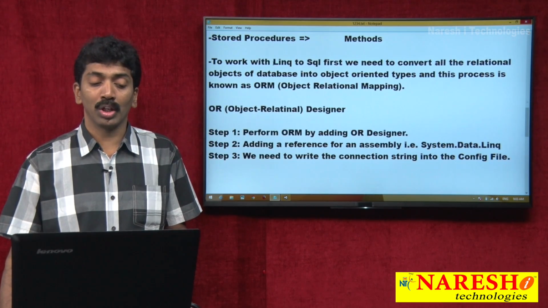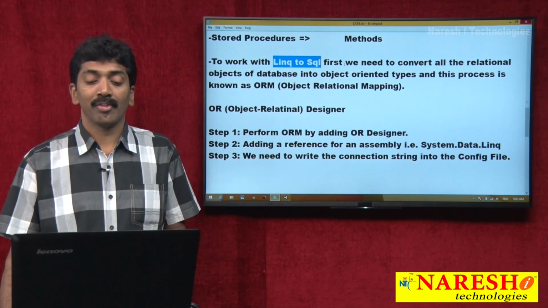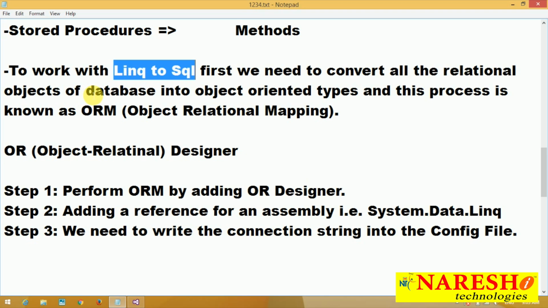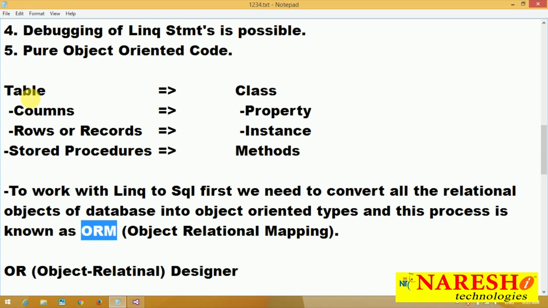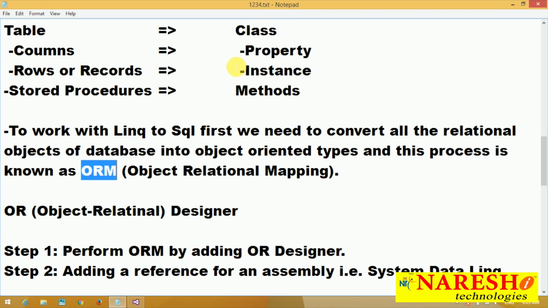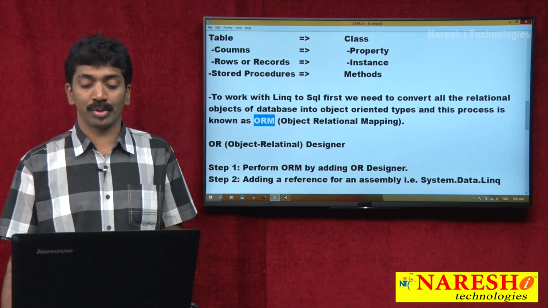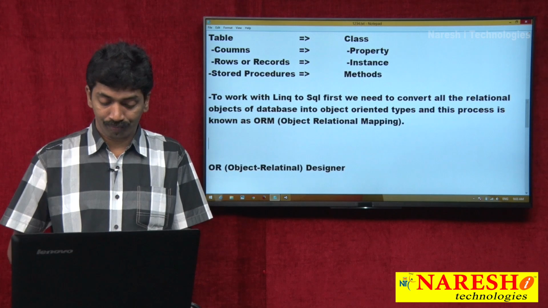To work with Linq to SQL, first we need to convert all the relational objects of the database into object-oriented types, and this process is known as ORM, Object Relational Mapping. And now you have a doubt: how to perform ORM?